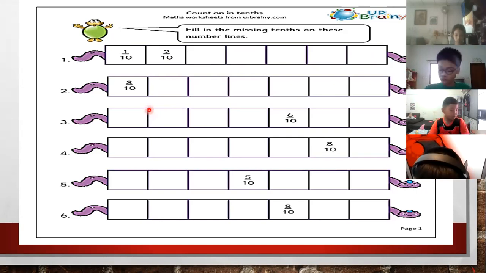Number 2. Teacher, use red pen. Use red pen to check. Yes, yes. Okay, number 2. Who can answer number 2?